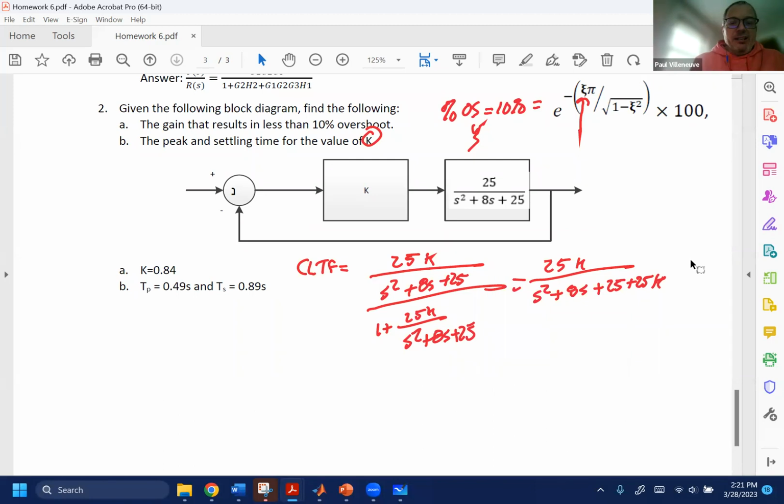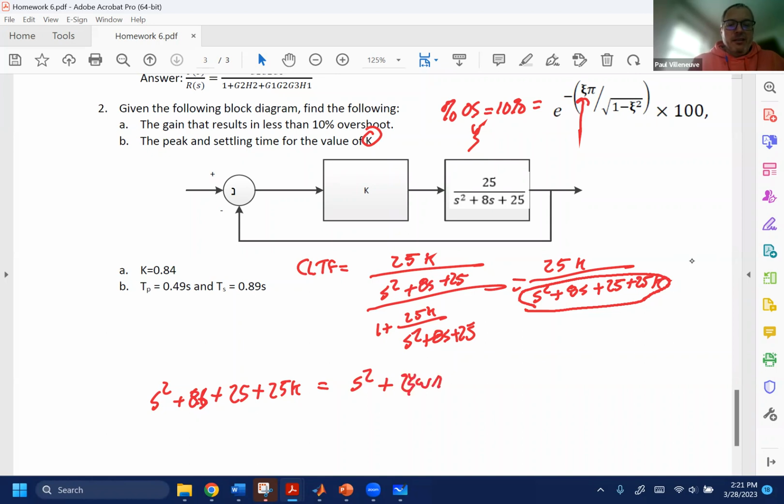So now I've got my value of zeta. All I really care about is my characteristic equation here: s squared plus 8s plus 25 plus 25k equals, in standard form, s squared plus 2 zeta omega sub n s plus omega sub n squared.